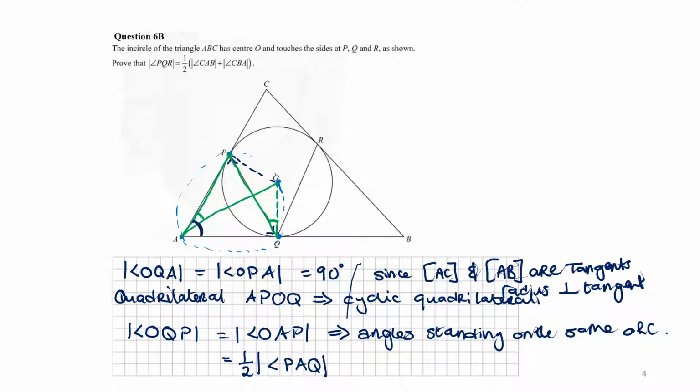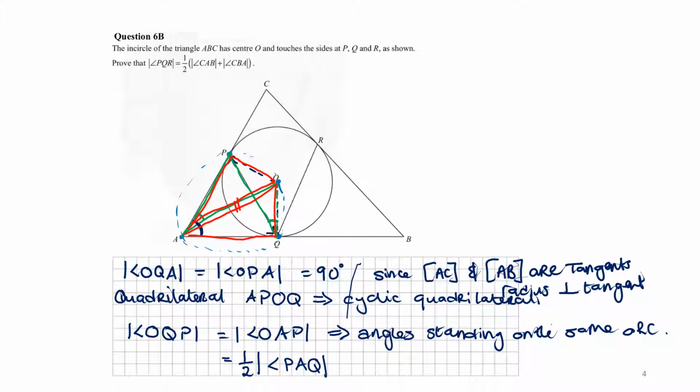So by using that same logic, so sorry, I'm just going to put this in OQP. I'm just going to use the word similarly, because if you can prove it one way, you don't actually have to prove it a second way.